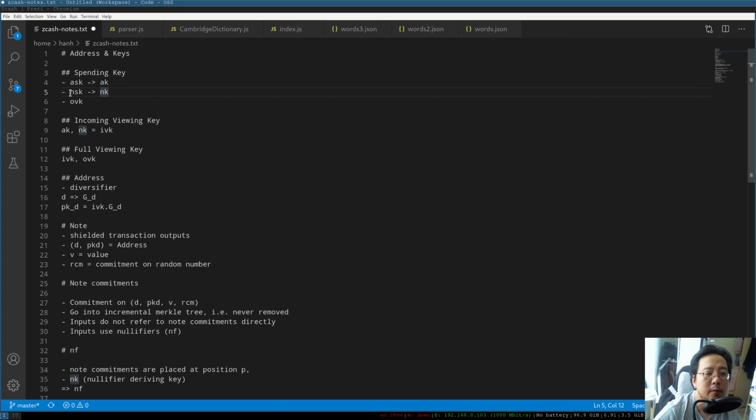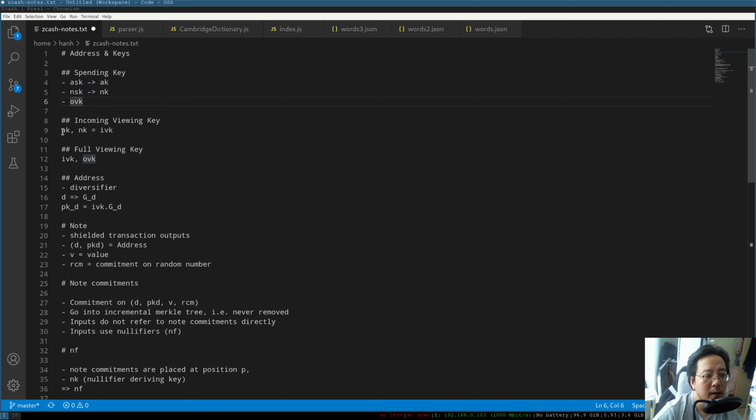And the same thing is true for NSK and NK. N stands for nullifier. And finally, you have the OVK, which is the outgoing viewing key. So these three things, and basically these five things, are derived directly from the spending key.